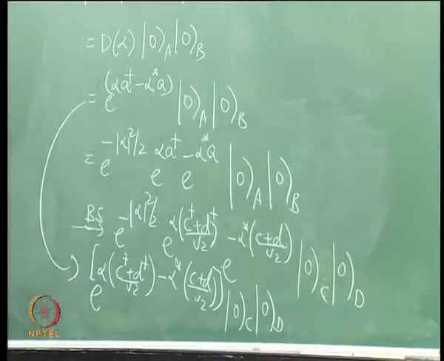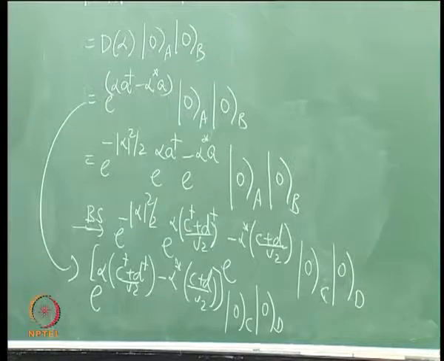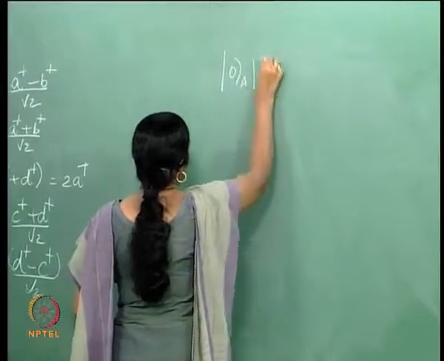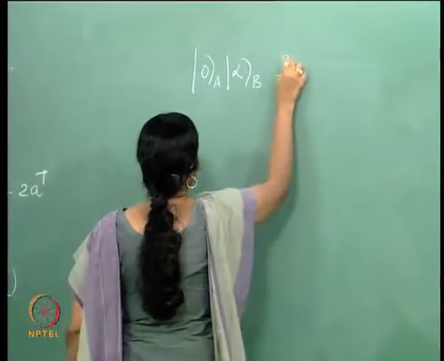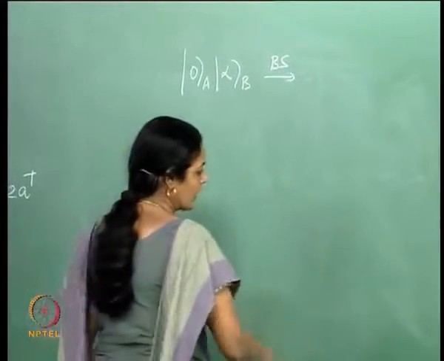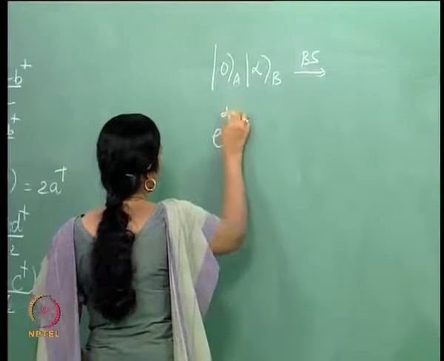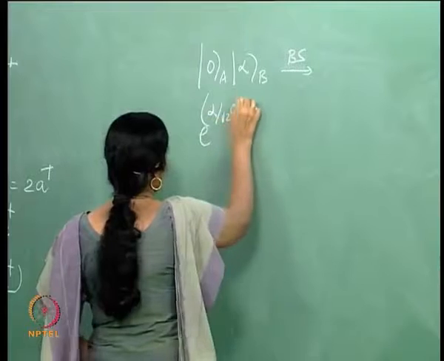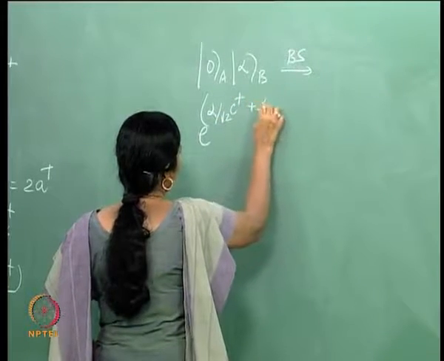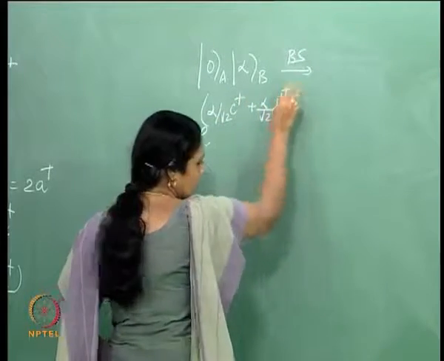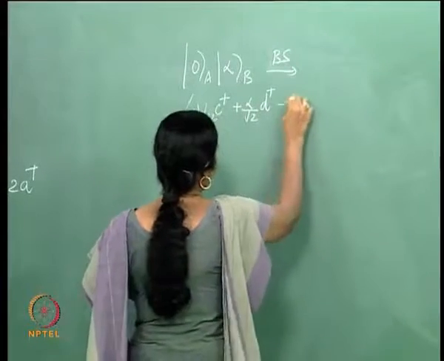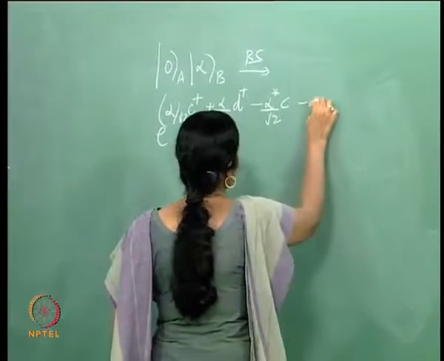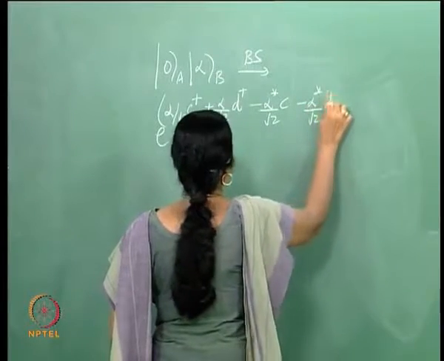And then I can group terms in the exponent, which is what I will do now. So, |0⟩_A |α⟩_B passes through the beam splitter and looks like this: e^(α c†/√2 + α d†/√2 − α* c/√2 − α* d/√2).